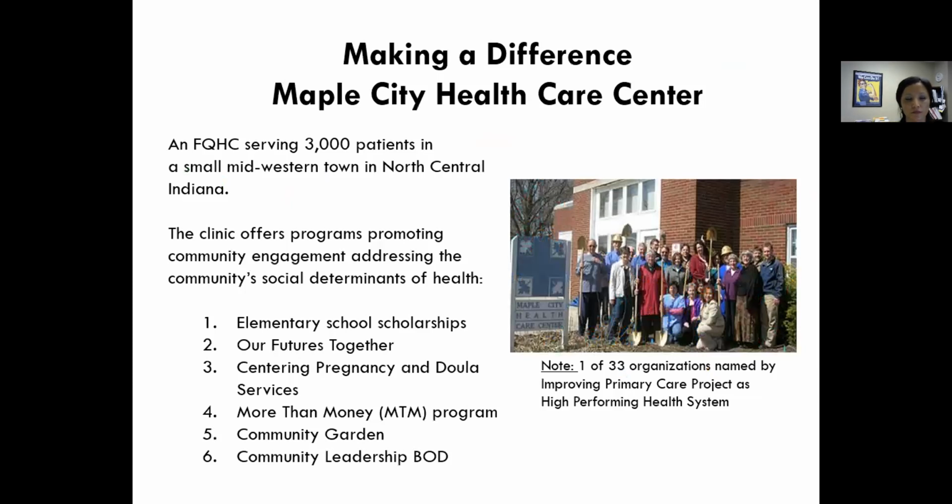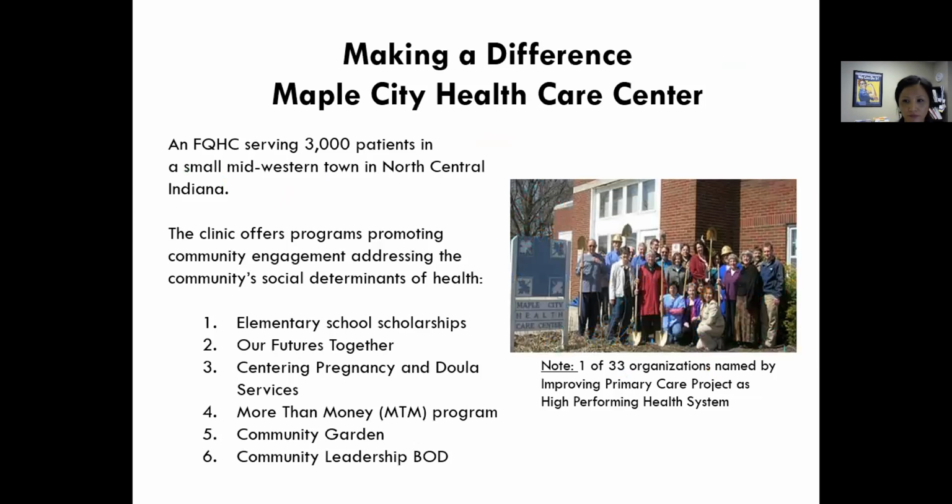And so when the Improving Primary Care Project was looking for high-performing exemplar practices, this was one of the federally qualified health centers that was chosen. Since we evaluated them for the Improving Primary Care Project, they've also implemented a number of community-based programs that have helped support the clinical care that they deliver, such as elementary school scholarships. They have another program called Our Futures Together.